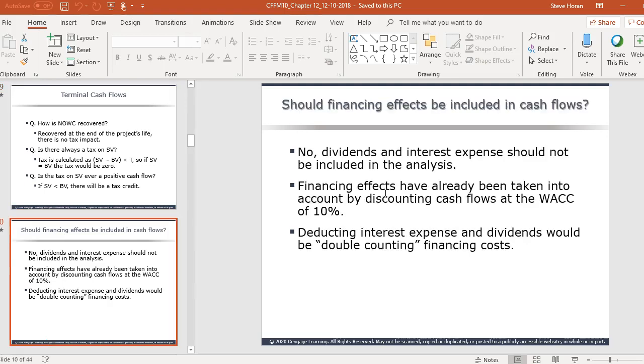Okay. So, should financing effect be included in cash flows? No. So we kind of talk about this in the WACC chapter. Once we calculate the WACC, that does take into account financing. So the WACC already includes the cost of financing, the weighted average cost of financing, right?